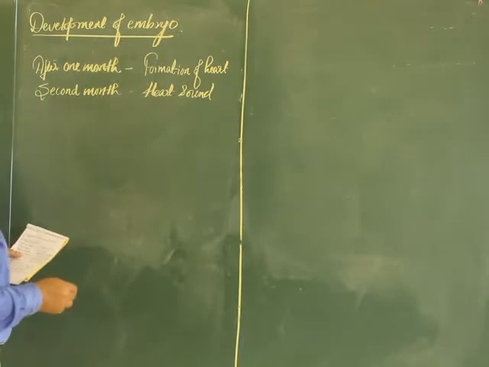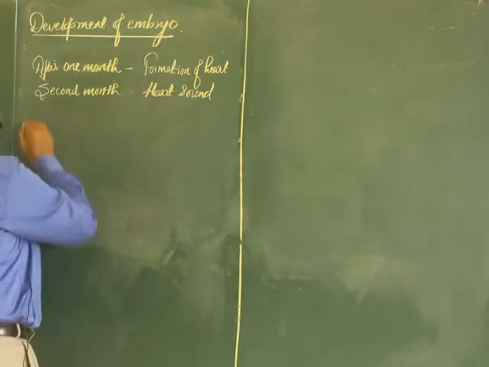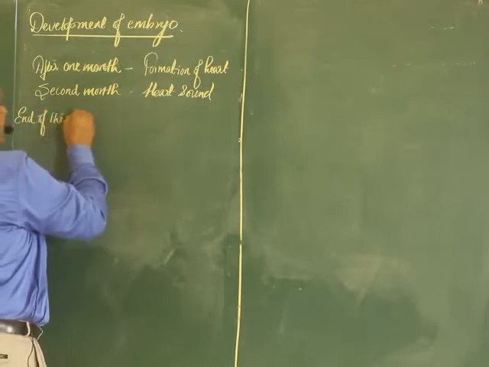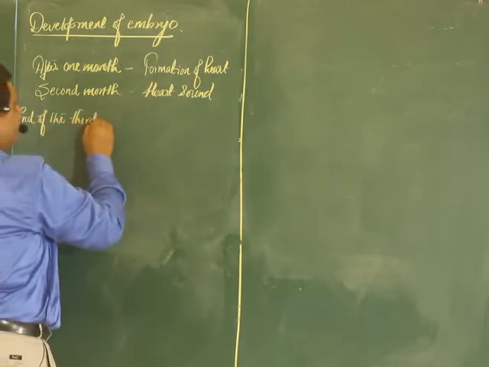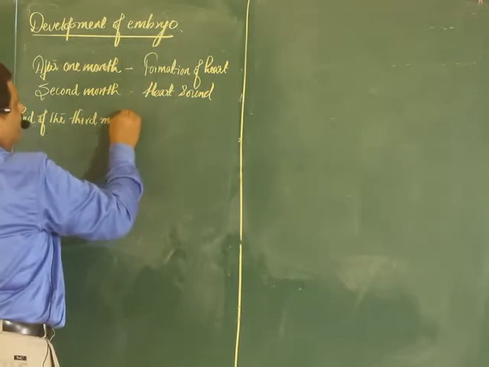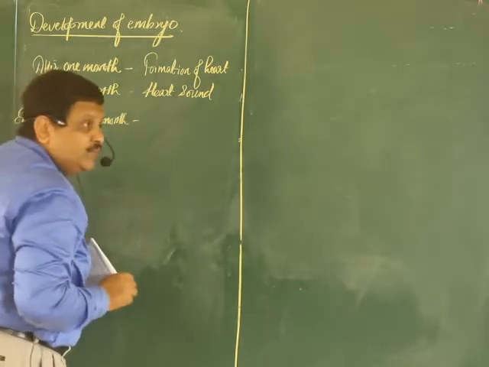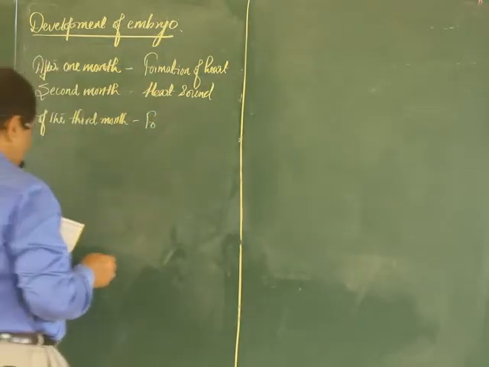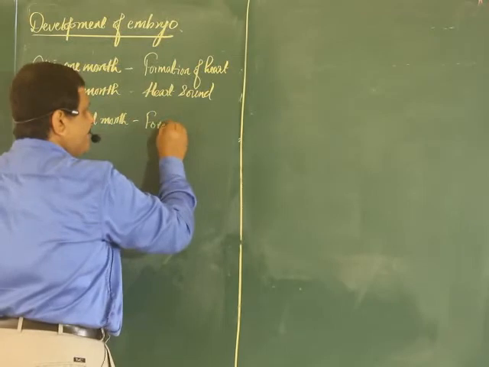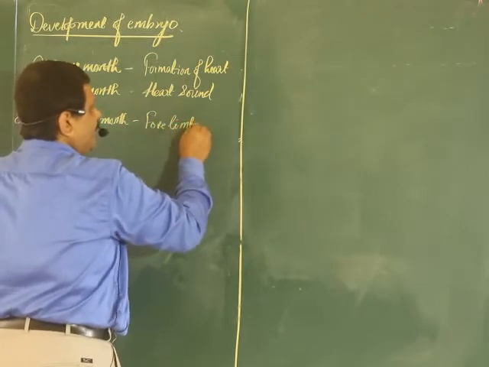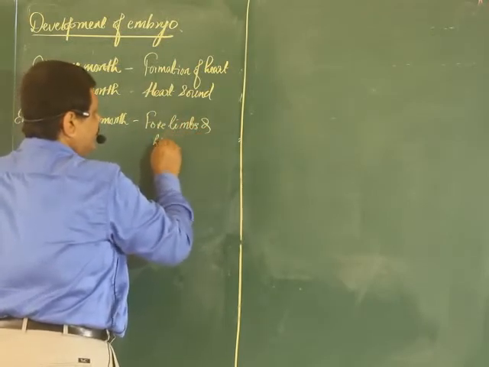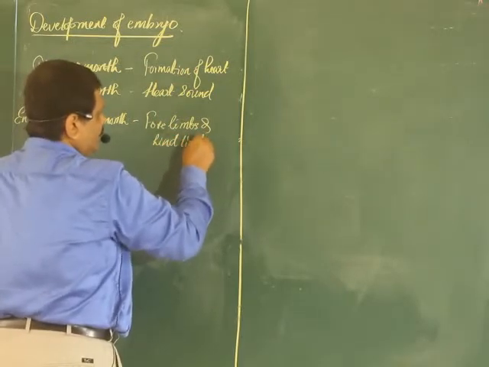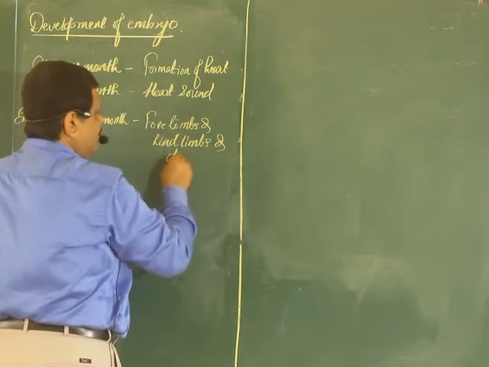And then end of the third month, forelimbs and hind limbs, and digits.